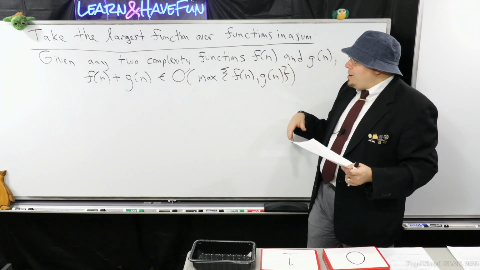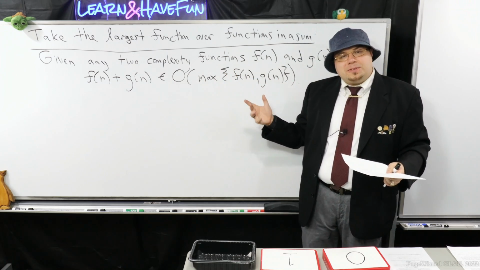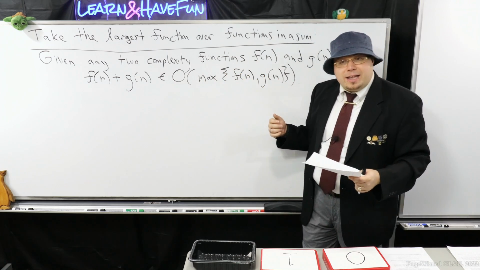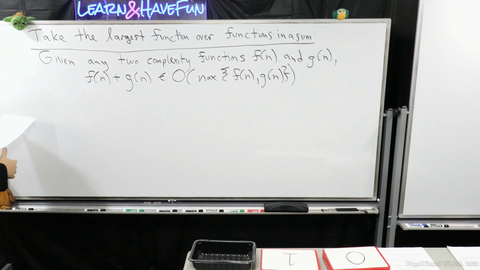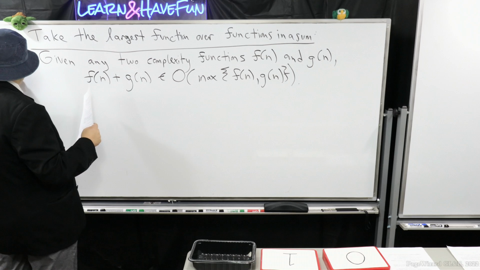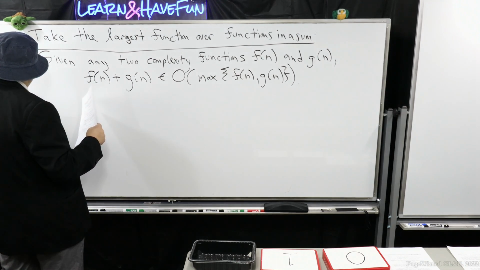You might ask, Dan, why would I want to care about this property? Very often when we analyze algorithms, not always, since there are more delicate cases you have to consider, you have parts to your algorithm. Say you have the first part, the second part, and the third part.